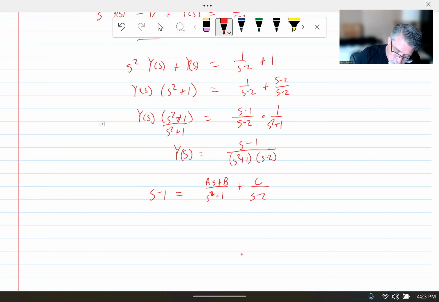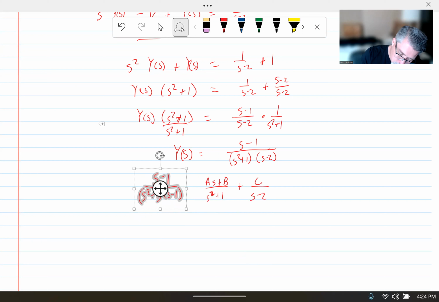Okay, let's multiply through. Oh, sorry, this is s squared plus 1 times s minus 1. Let's multiply through by s squared plus 1 and s minus 1.